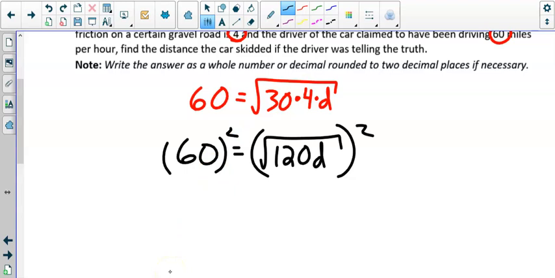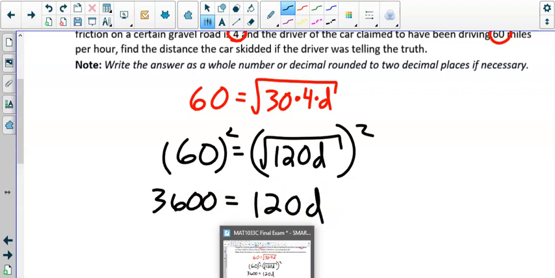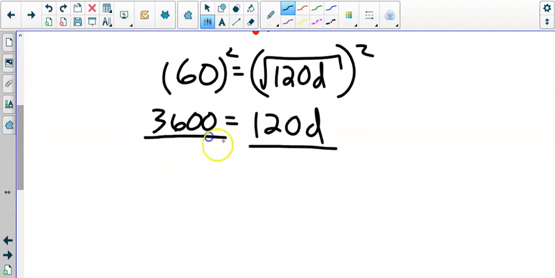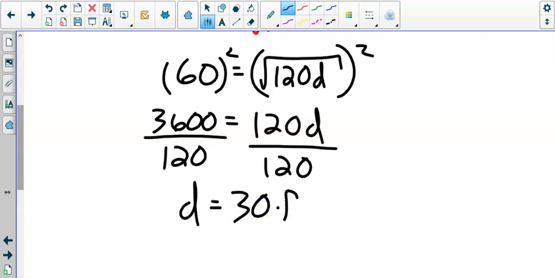So what is 60 squared? 3,600. Equal to now 120D. Now what do we do? Divide by 120. So what is D? 30 feet.